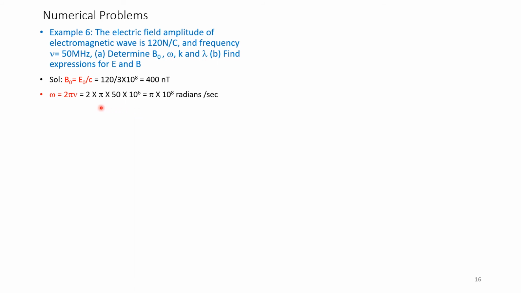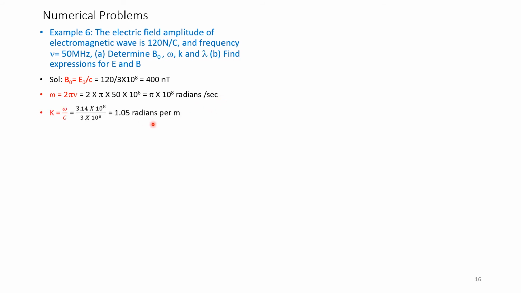This is the formula 2 pi v. 2 as it is, value of pi is 3.14 and frequency v is given as 50 megahertz. Now 50 megahertz means 50 mega means 10 to the power of 6, that is equal to 3.14 into 10 to the power of 8 radians per second. So we have found omega.